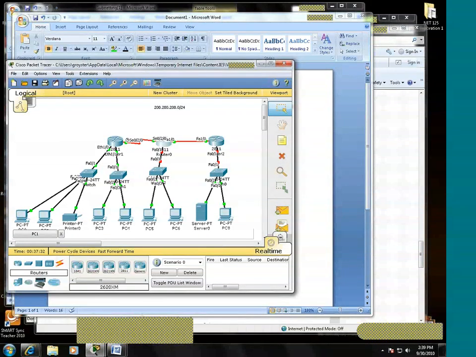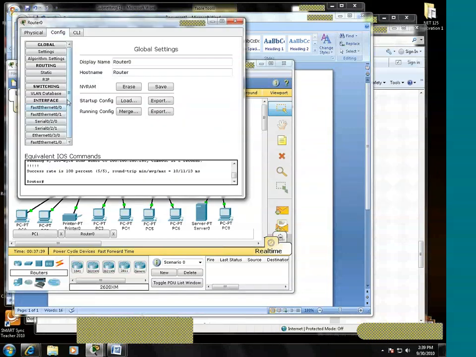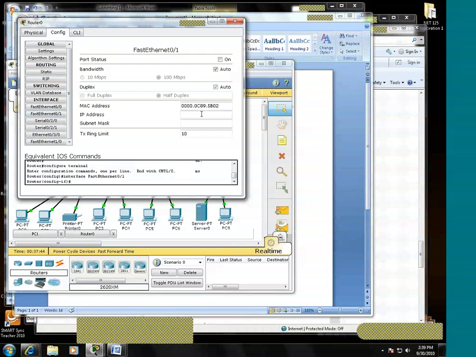So we need to configure F0/1. What's a good IP address? Let's go back to our table.